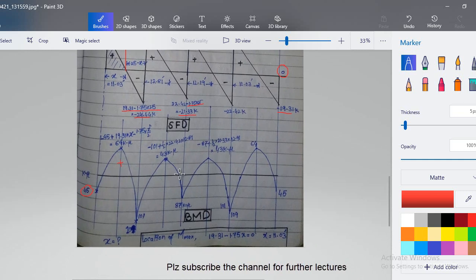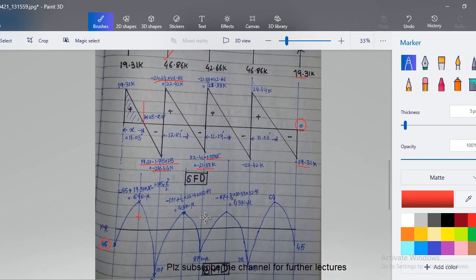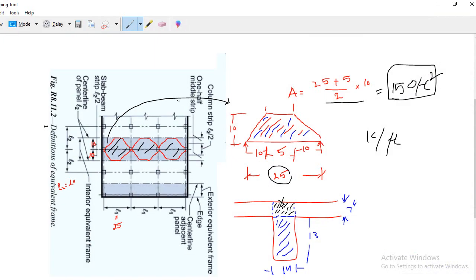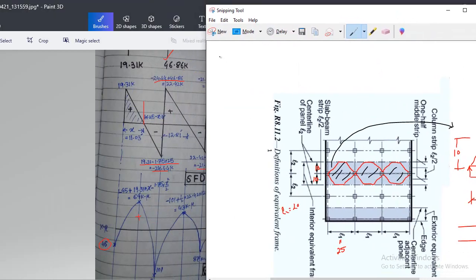I don't show you this calculation, but it will be easy. Okay, so you people can do this. Clear? Let me show you what we have to do. 19.31 divided by x will be equal to 24.41 divided by 25 minus x.